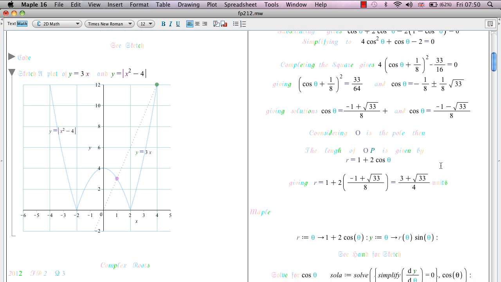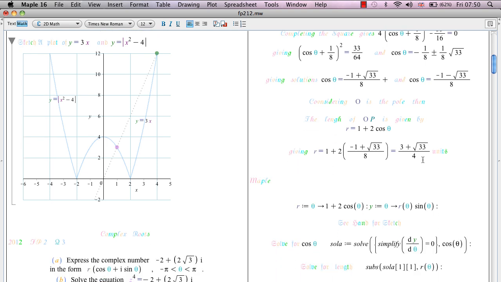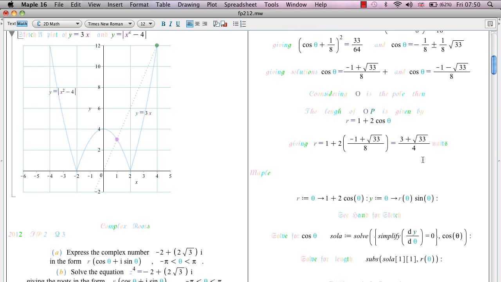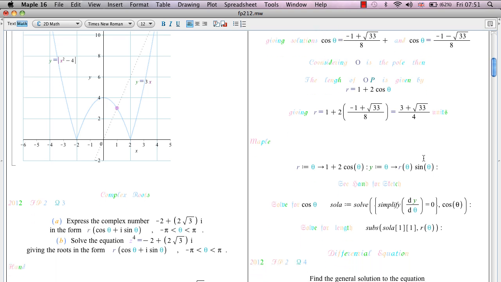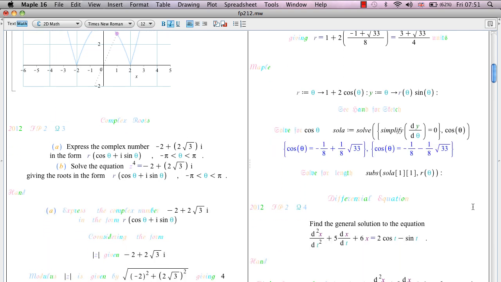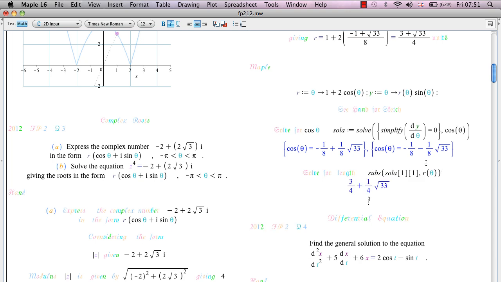So considering the length of OP will be given by the polar equation, then substituting our result for cos theta gives the length required. So our result for cos theta and the length required.